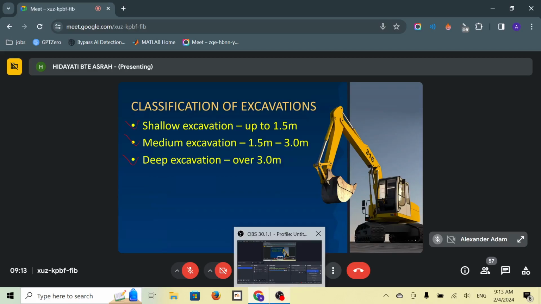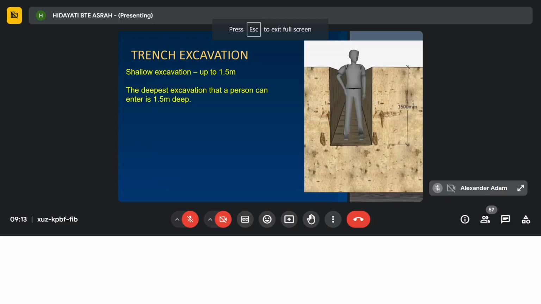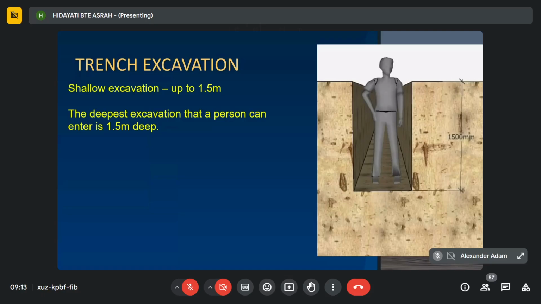So the first one is shallow excavation. We classify shallow excavation when the depth is up to 1.5 meters. If you see the figure on the right, the depth of 1.5 meters is until your chest when you stand in the excavation trench.